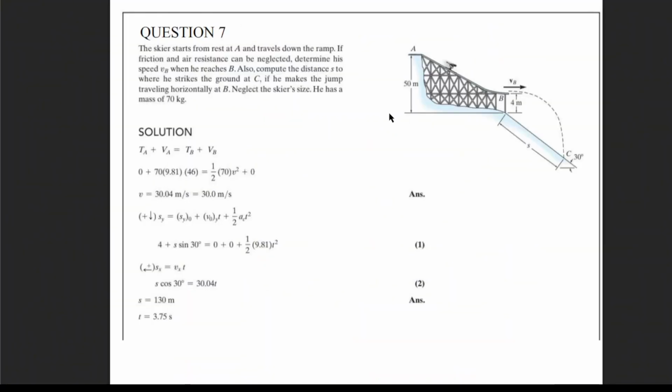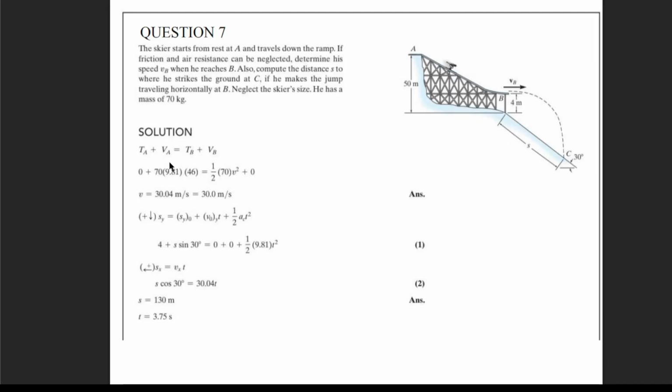Question 7. We use the principle of conservation of energy, which is TA plus VA equals TB plus VB. TA will be 0 because it starts from rest, and VA and VB are the potential energy, with the formula mgh.